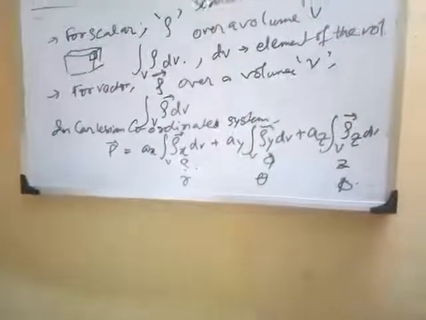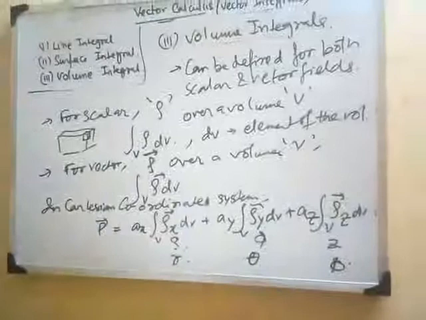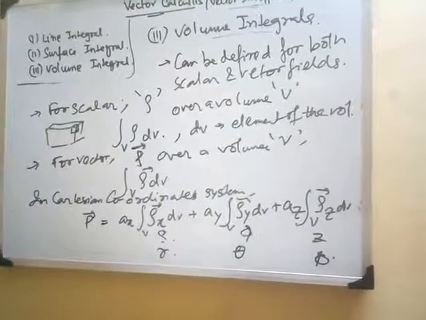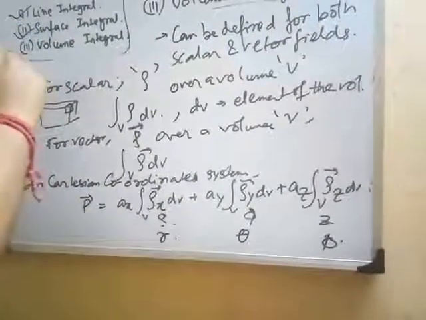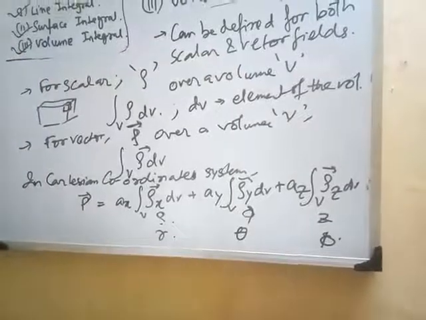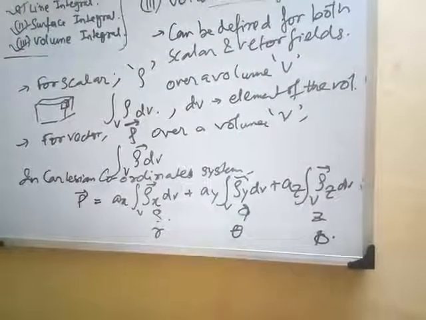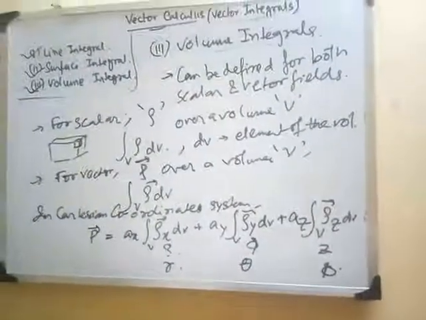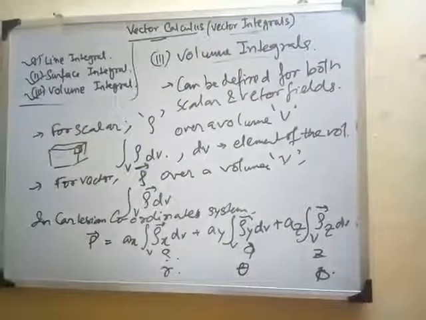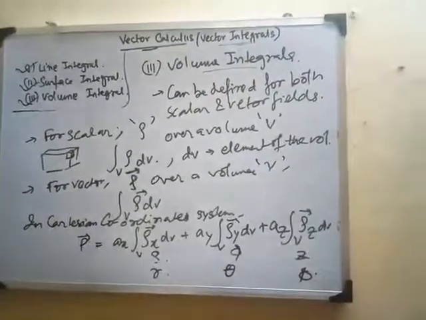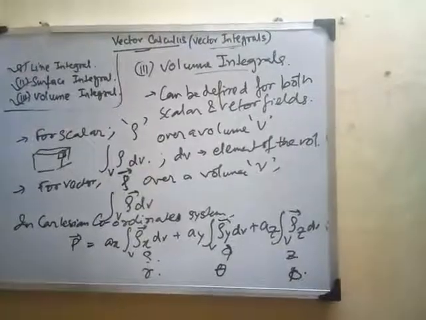So this is all about vector calculus, vector integrals, line integral, surface integral, and the general concept of volume integral. In our future classes we'll use this concept for evaluation of different systems under different boundary conditions, right? Okay.